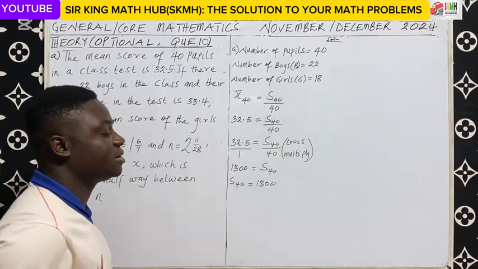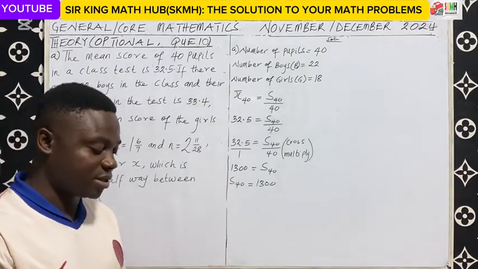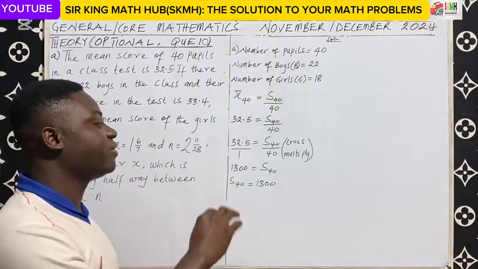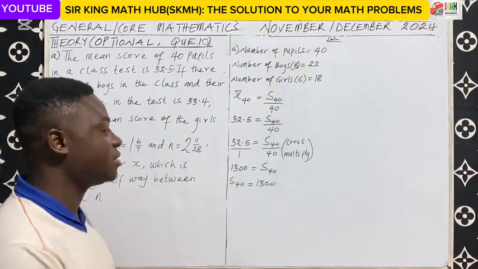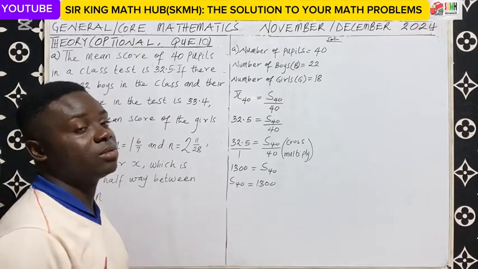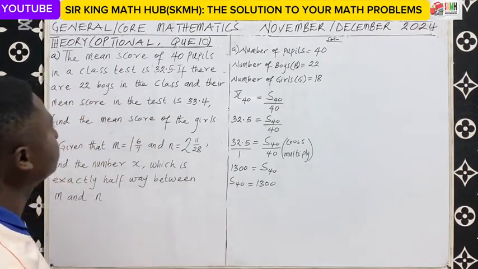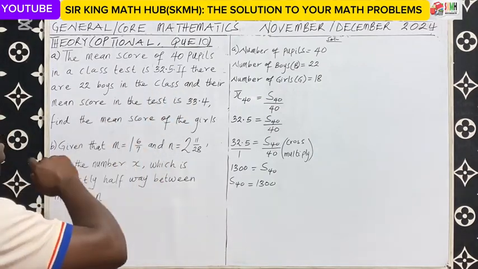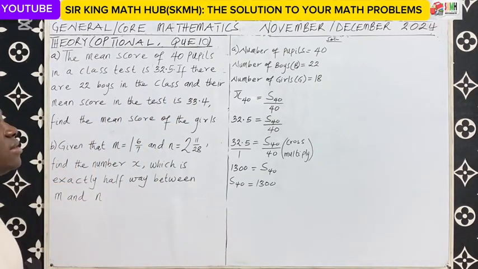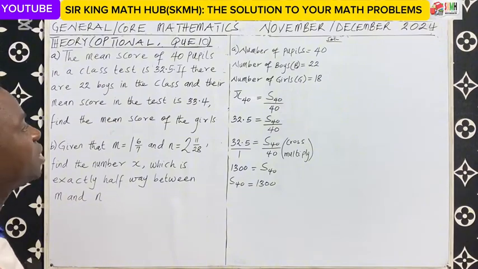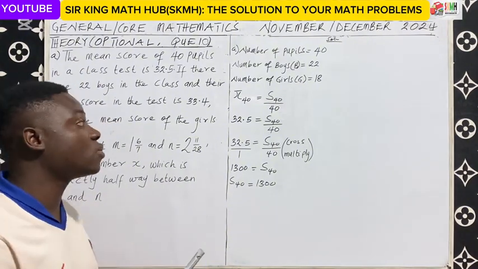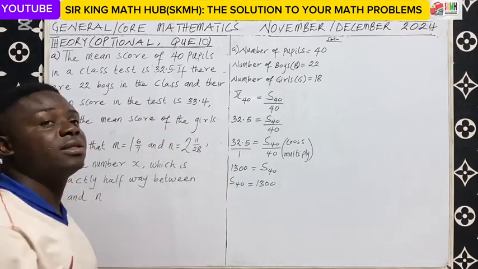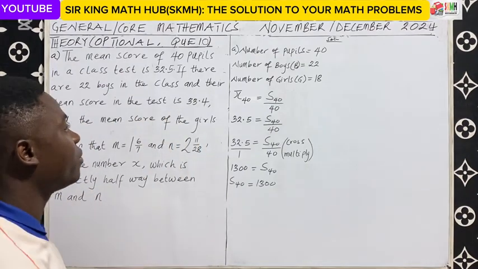What does S subscript 40 represent? It means that when we sum up the individual scores of the 40 pupils in the class, this is the total score that we are to get. Again, we were told that there are 22 boys in the class and their mean score in the test is 33.4, meaning that when we take the mean score of the 22 boys in the class, that is 33.4.